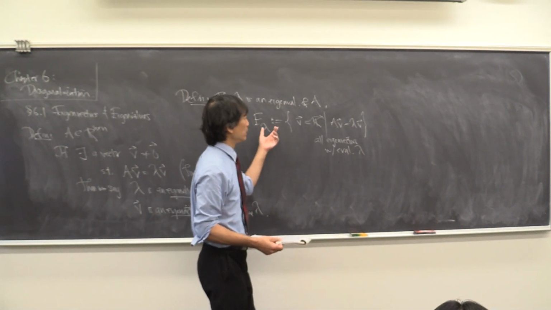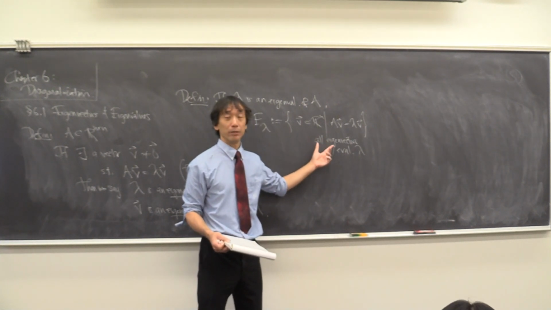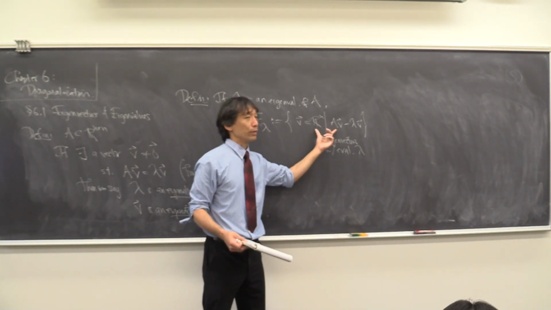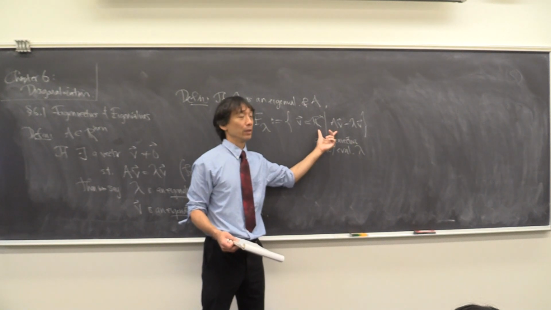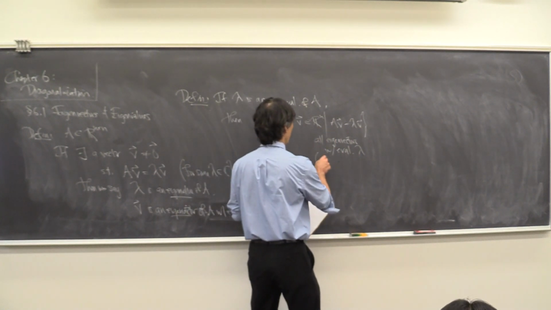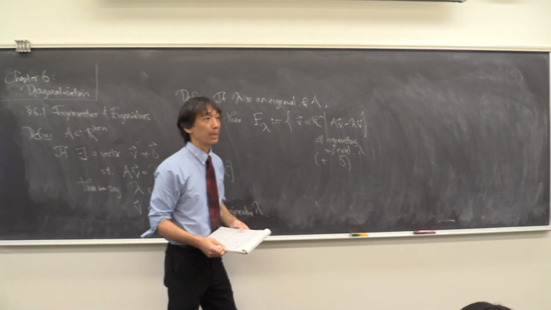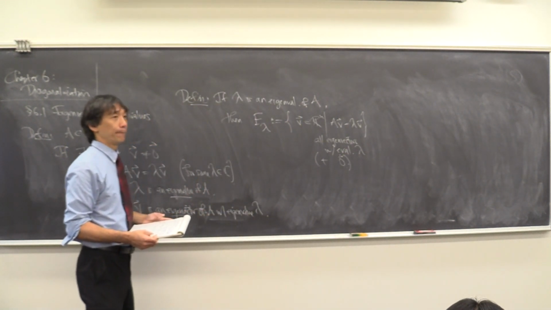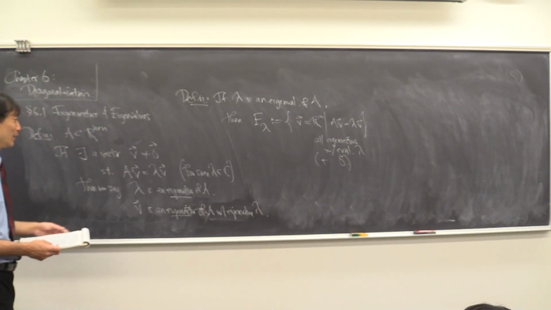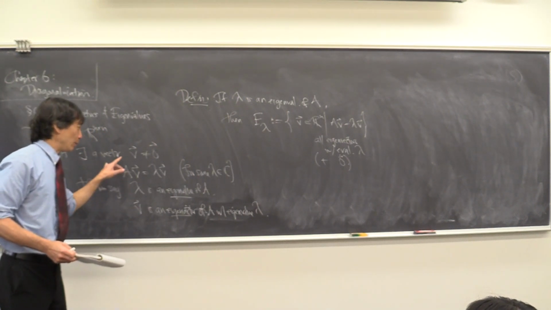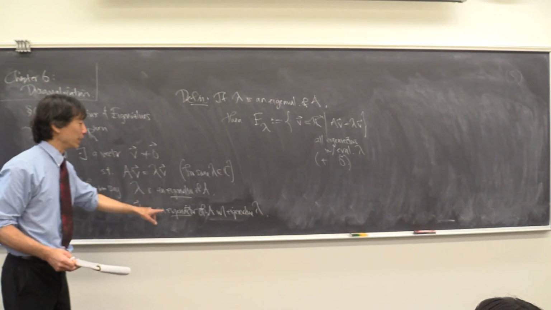It's all the eigenvectors with eigenvalue lambda, but it also includes the 0 vector. So is the 0 vector an eigenvector? No. Only non-zero vectors are eigenvectors.